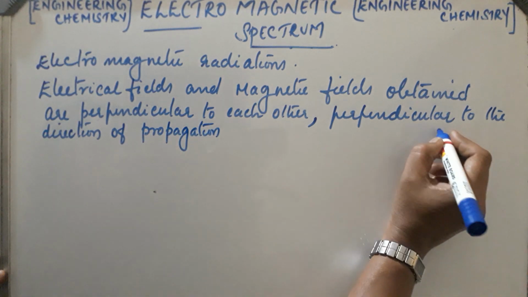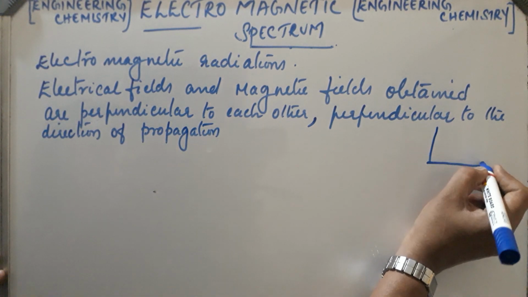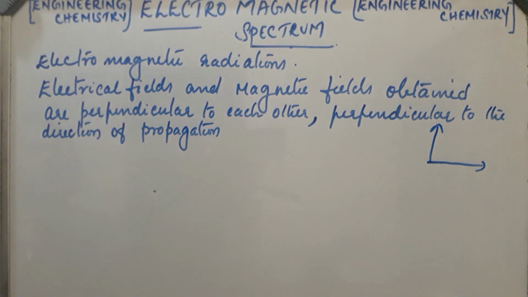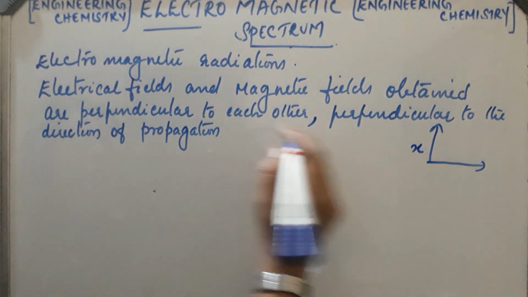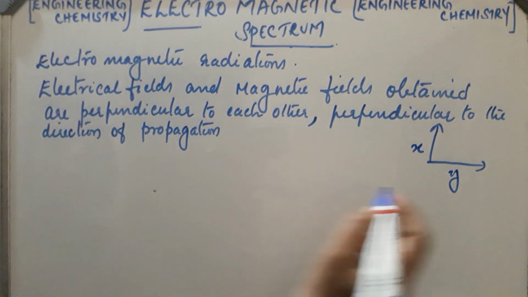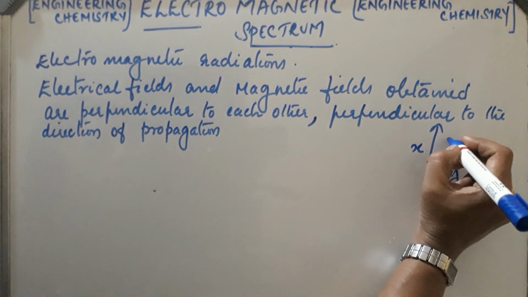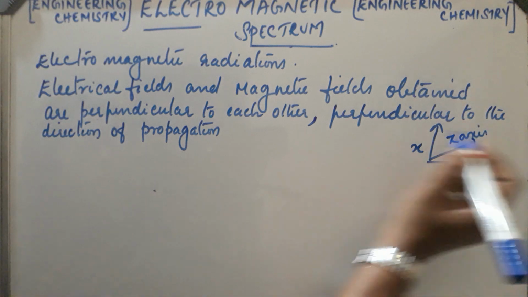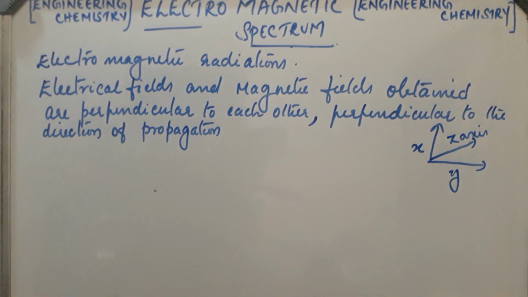So, if the direction of the electrical field is the x-axis and the magnetic field is the y-axis, perpendicular to each other, then the direction of propagation will be the z-axis. So, these three are perpendicular to each other.